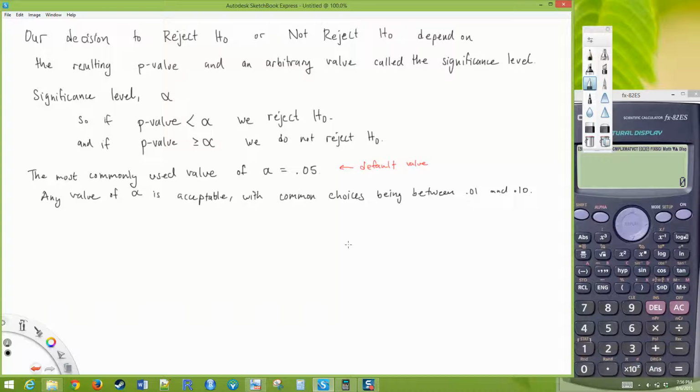suggests our willingness to be wrong about the null hypothesis. So if alpha is equal to 5%, how often will we reject the null when the null is true, when our data actually was just a result of random chance? 5% of the time.